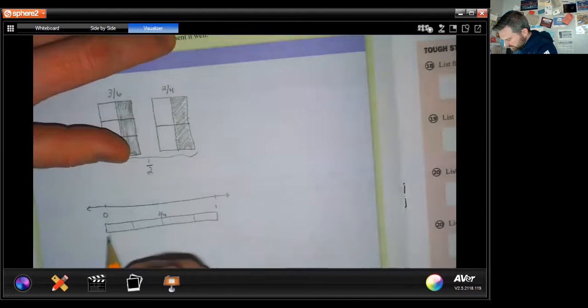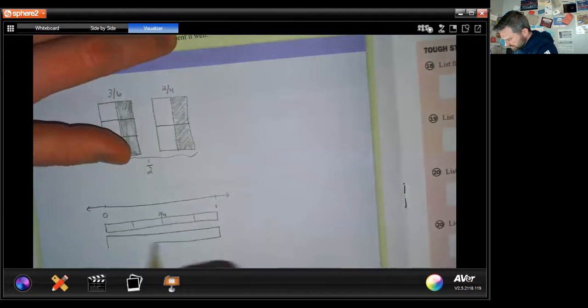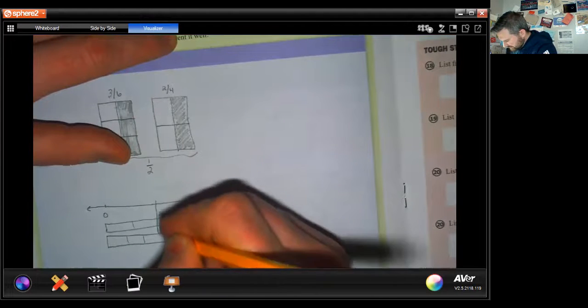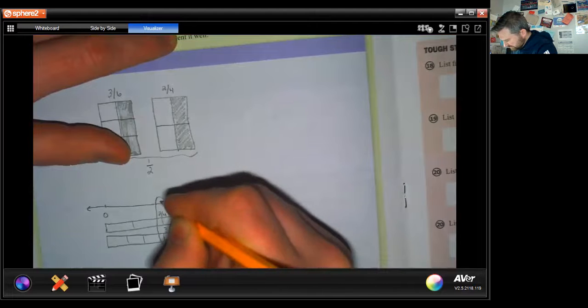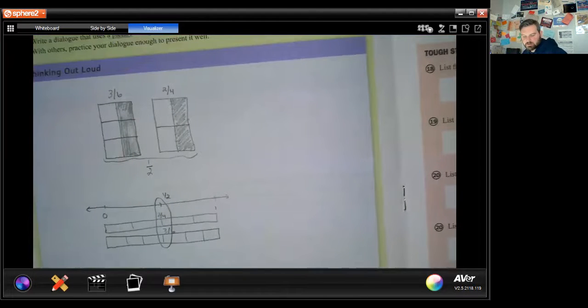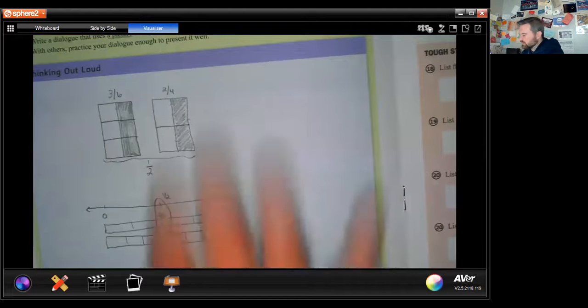Okay, and then I draw another bar, and I split it into 6. 3 over 6 is right here. And those are in the exact same place, which is right here, which is a half. Okay, so 2 different ways that we can recognize that problem.